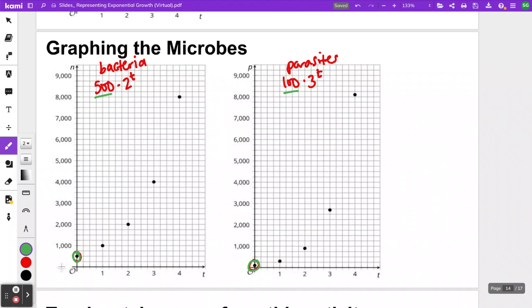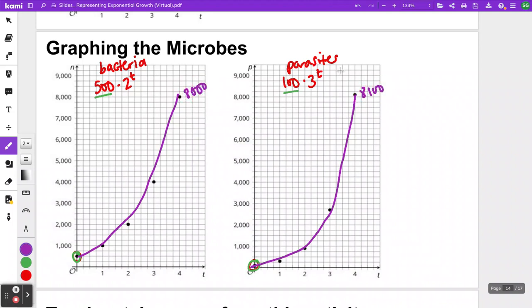The other thing sometimes students mention is how they're growing. So if you look at the curve of each of these lines here, some people notice that the second graph, it's growing more quickly. And you can put some numbers to that even. We had just said the parasites start off a lot less than the bacteria, but by hour 4, remember this last point here was 8,100, and this is only 8,000.